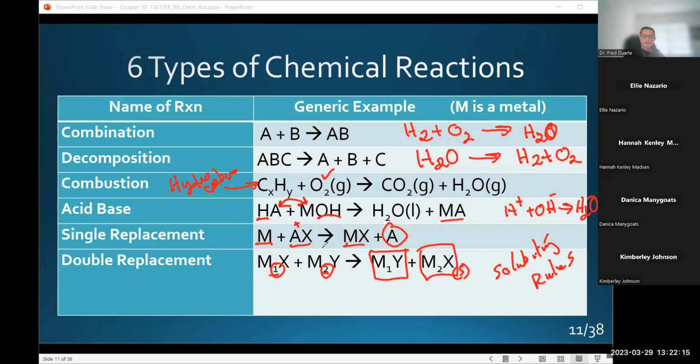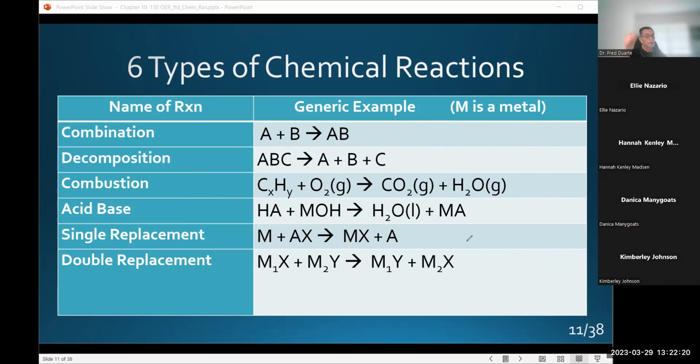And for the single replacement reaction, we will use a table, again in the product table, that would allow us to determine whether a given reaction will go or not.